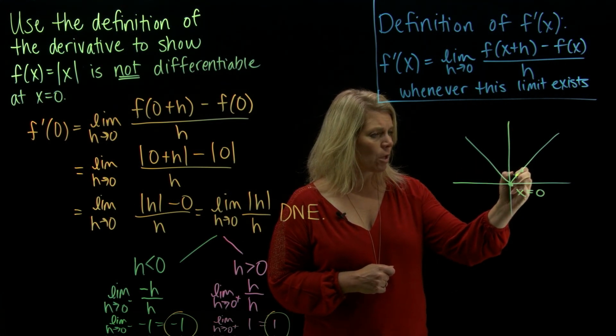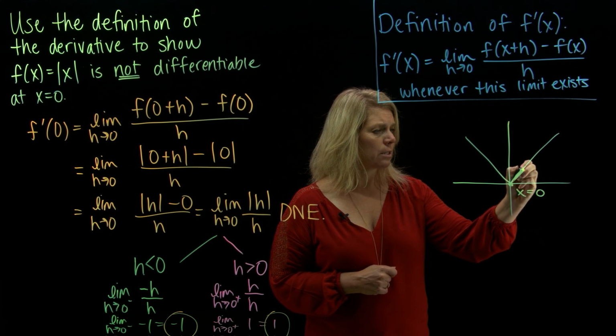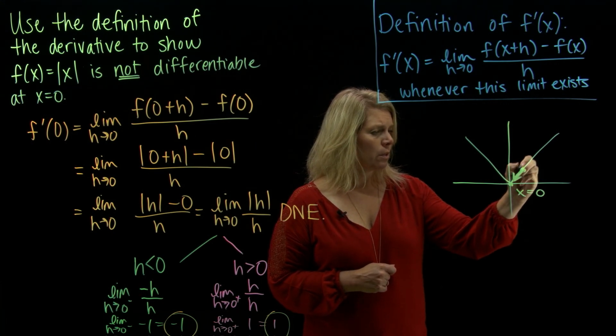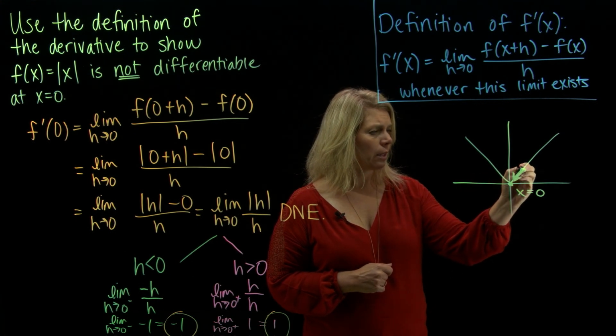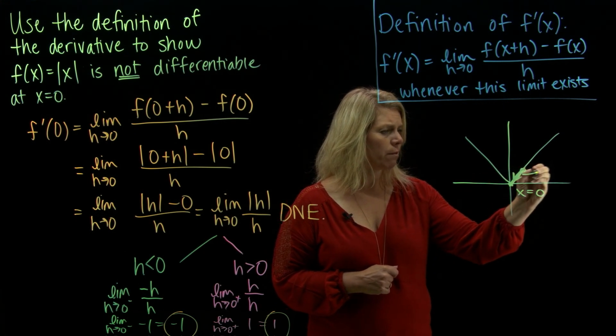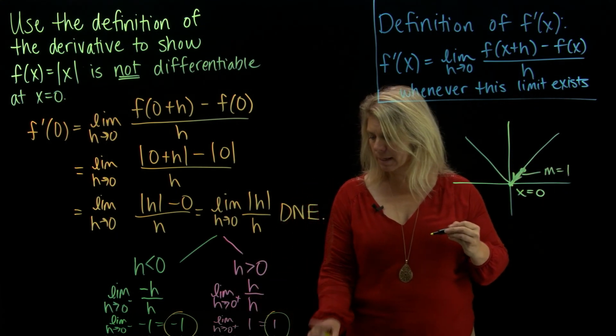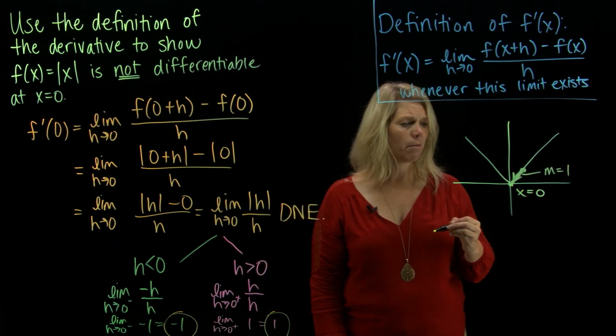And I'm looking at the slopes of those lines when that point is just a little bit to the right of 0 and approaches 0. As we get closer and closer to 0 and I look at the slopes of those secant lines, the slopes over there are +1. That's what this limit means when h approaches 0 from the right.